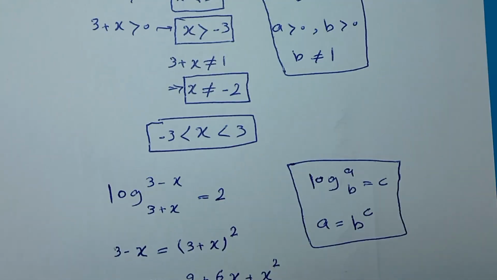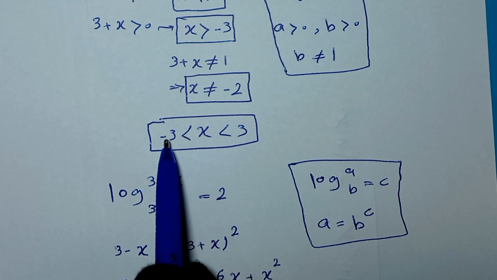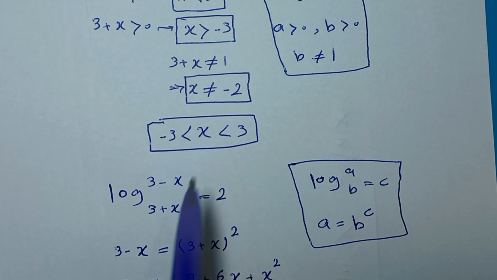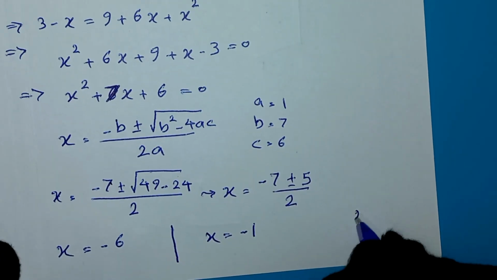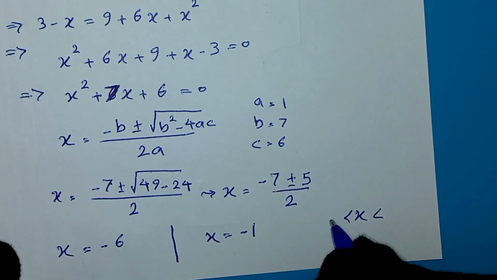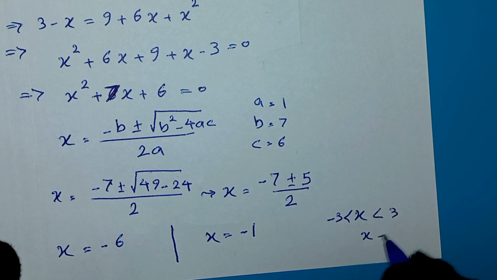And we go back to our conditions for x. X should be greater than negative 3 and less than 3, and x should not be equal to negative 2.